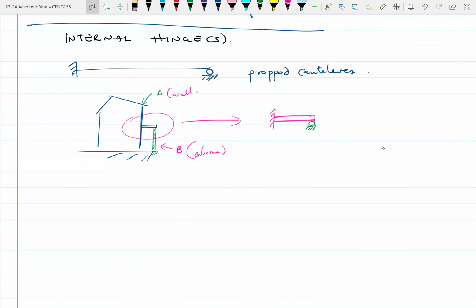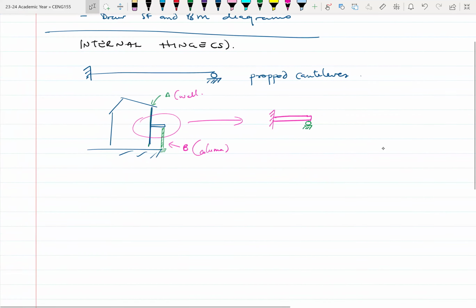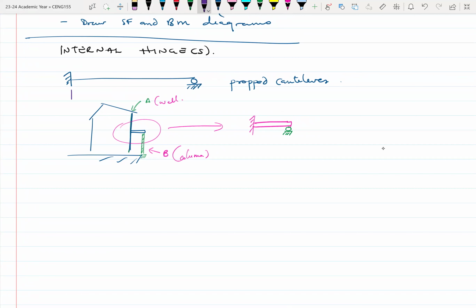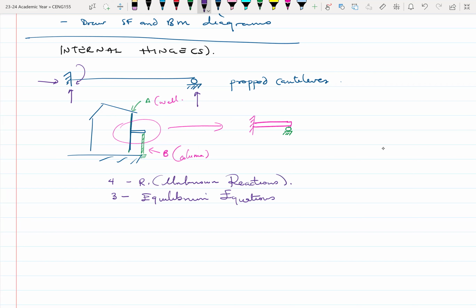Based on your answers, it's statically indeterminate to the first degree. The easiest way to look at it is to determine what your support reactions are. In this case, there are four unknown reactions, and then we definitely have three equilibrium equations. Because R is more than E, this is statically indeterminate, right?